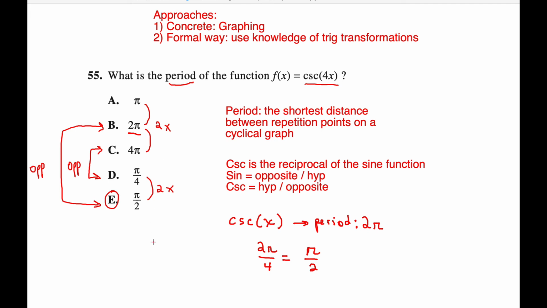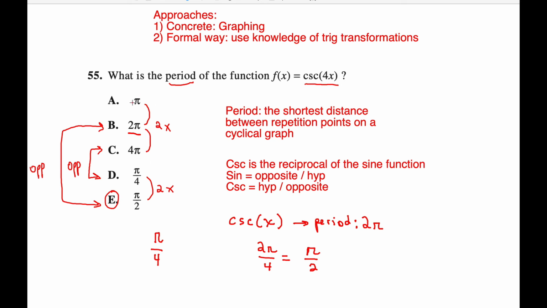Because if it were pi, then we would divide by 4 to get our new period, and that would be answer choice D. And then C could reflect mistakenly thinking that it's pi, but then instead of dividing by 4, multiplying by 4.